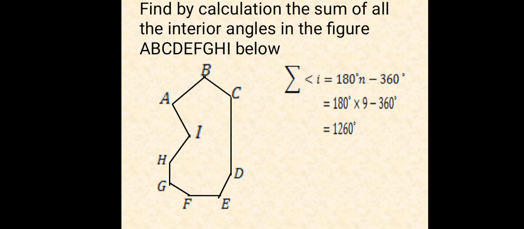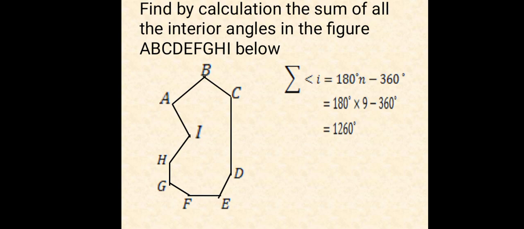Find by calculation the sum of all interior angles in the figure A, B, C, D, E, F, G, H, I below. Now, the sum of all interior angles is given by the equation 180 degrees n minus 360 degrees. Now, n is the number of sides of an object.